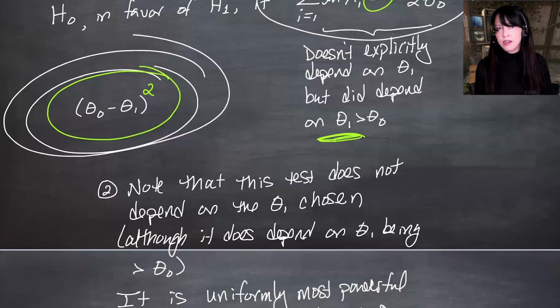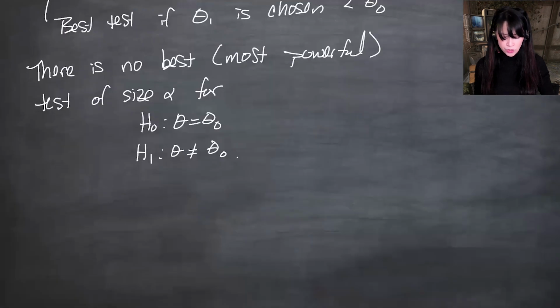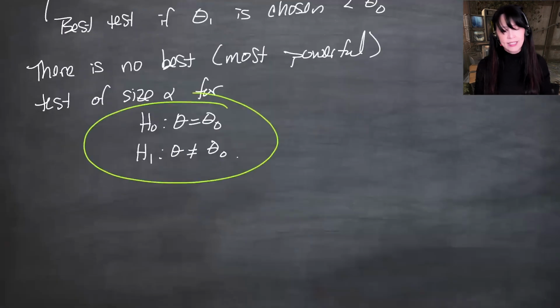And so we would get one form of a test, and we would find the k4 or whatever it is. And so it is possible for a so-called two-tailed test like this, or two-tailed hypotheses, to have a UMP test.